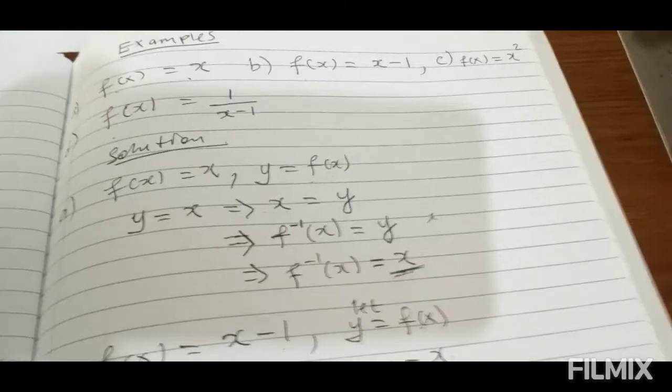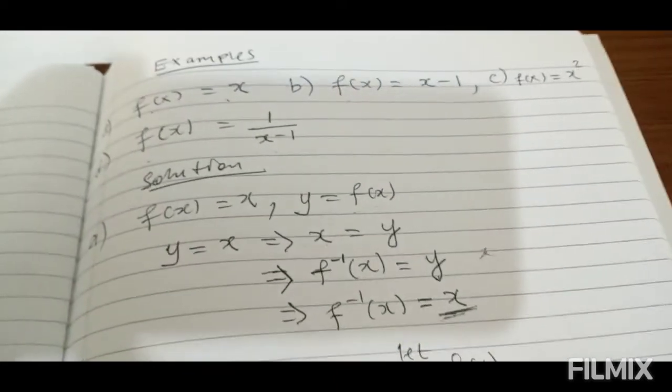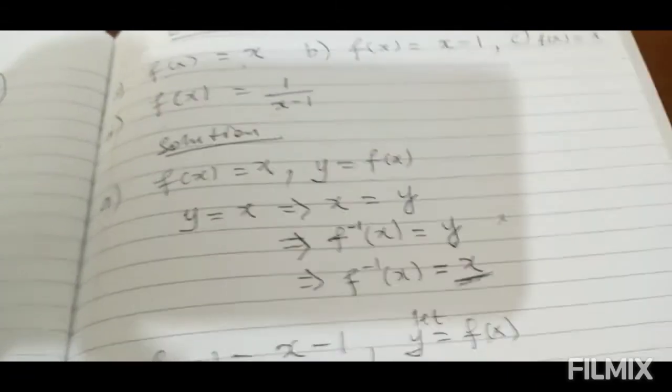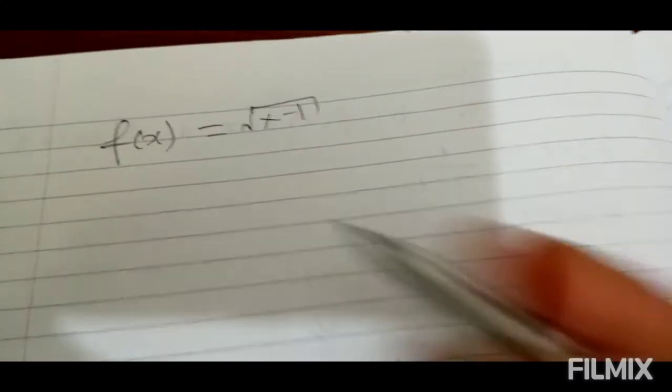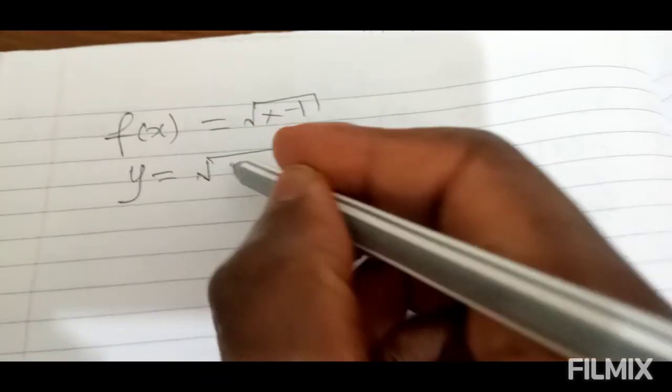This is how you solve simple questions to do with the inverse of a function. Okay, this is how we do it. Like for instance, you have f of x is equal to, let me say, square root of x minus 1. Okay, now find the inverse of that. So y is equal to f of x. So whatever there is f of x, you put y.